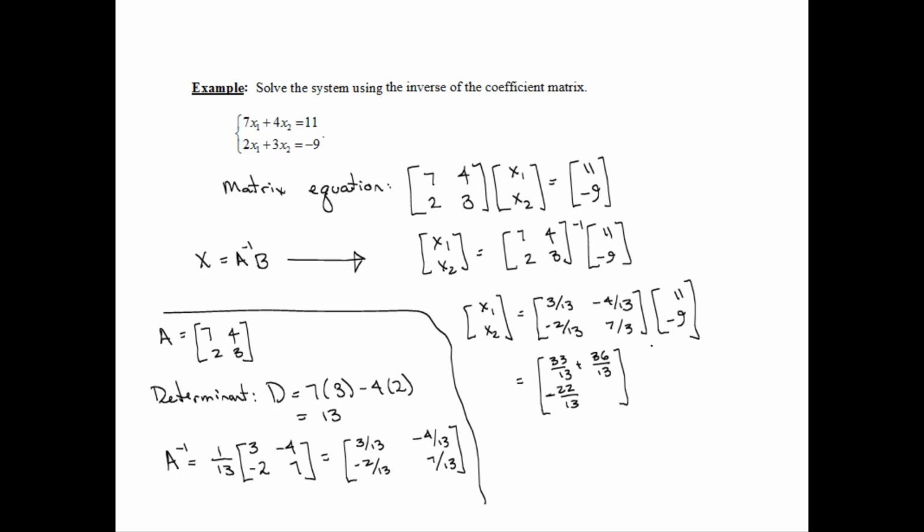And then 7/13, sorry, this should be 13ths right here. 7/13 times negative 9 will be negative 63/13. And then when I simplify, I will get 69/13, and I will get negative 85/13.